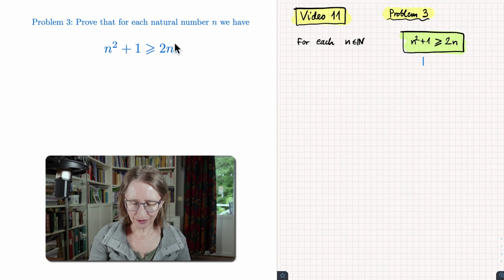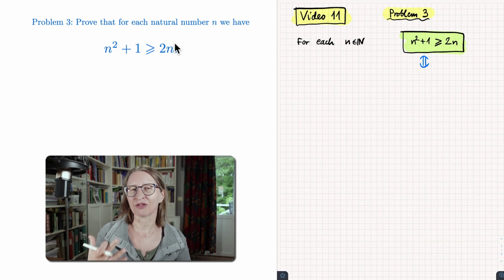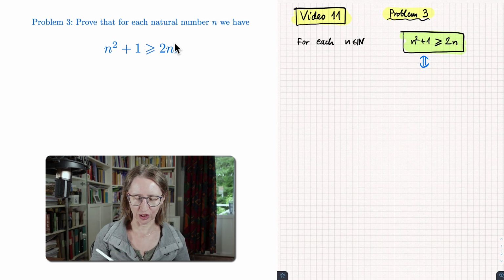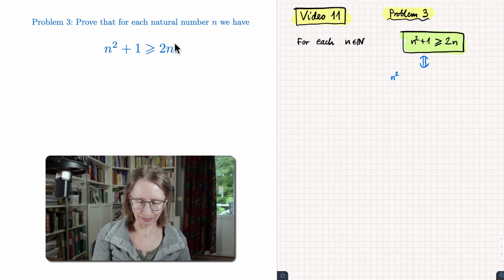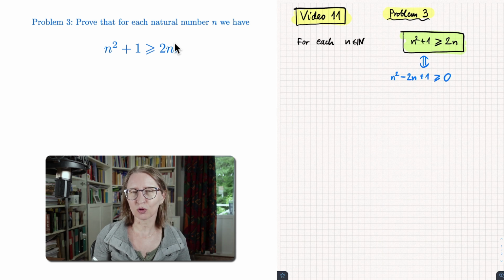I can write that this is equivalent with another inequality in which I subtract 2n from both sides of the inequality. So if I subtract 2n from this first side, I can write it strategically here: plus 1 is greater than or equal to 0, right?